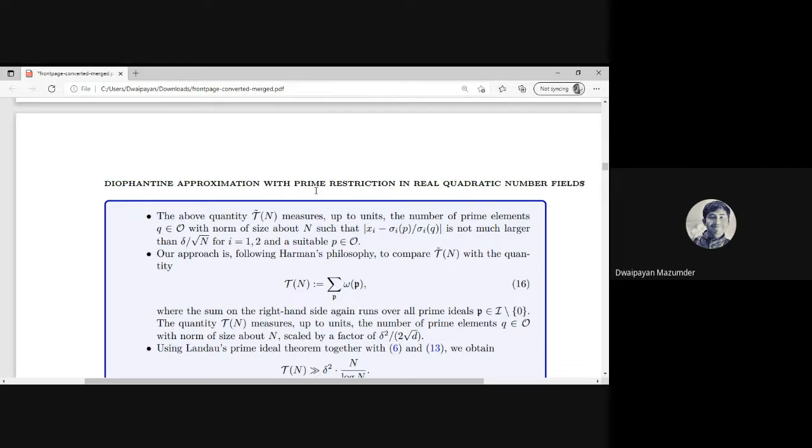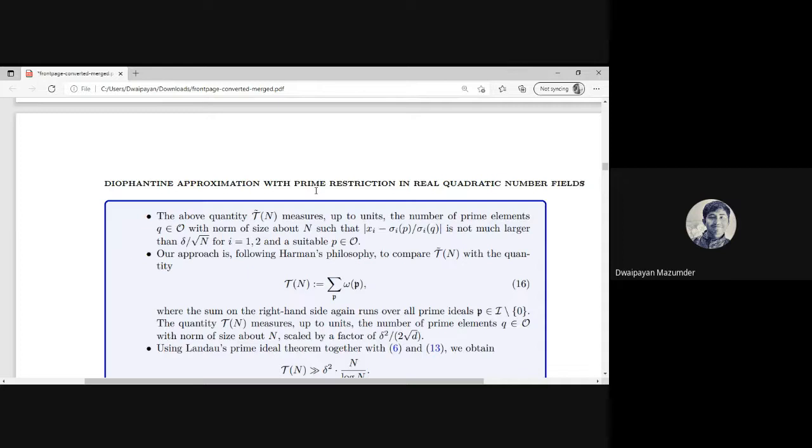So now our approach is just about Heath-Brown's philosophy, that we will compare a known thing to an unknown thing, and actually Heath-Brown's is also based on this. Our known thing is this capital T_n, right? And capital T_n is actually this omega_p, where p runs over the prime ideals, not prime numbers, non-zero prime ideals, and this quantity T_n measures, up to scaling by a factor, the number of prime elements q in O with norm of size about n.